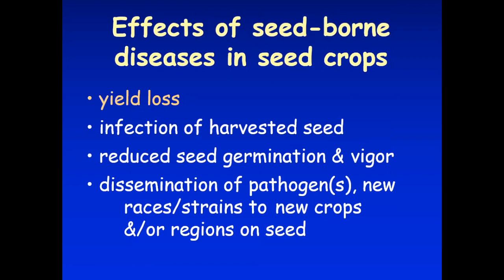Some diseases don't affect seed germination and vigor, and others do. And that, from a seed company perspective, is important in terms of what they can do with that pathogen. And of course, you as a grower do not want to be spreading new races to areas where they aren't established, or the company that's buying the seed from you certainly doesn't want to be responsible for that. So this is a big concern from a seed company's perspective.